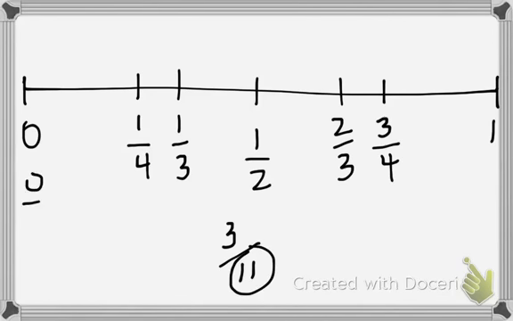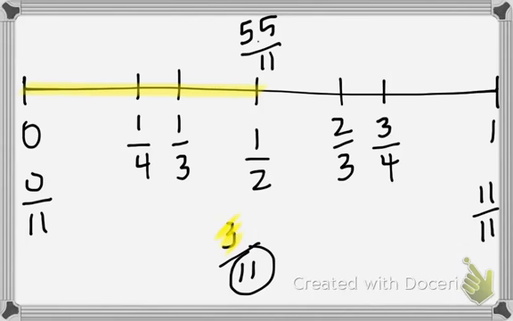So here I have 0/11. Here I have 11/11. And half of 11 is going to be about 5.5. I can even put that over 11 to make me think about that. So that means then, since I'm working with 3, it's going to fall in this half of the number line.